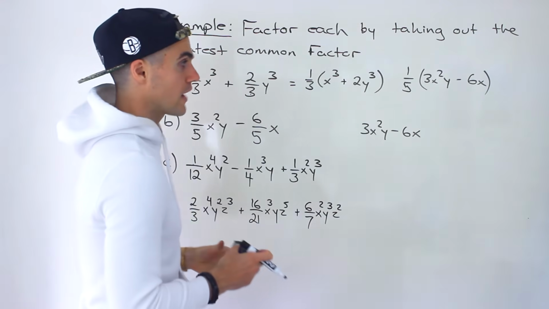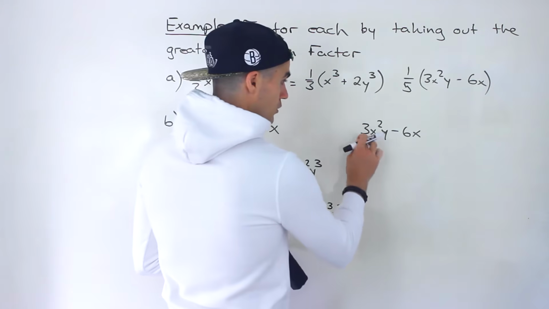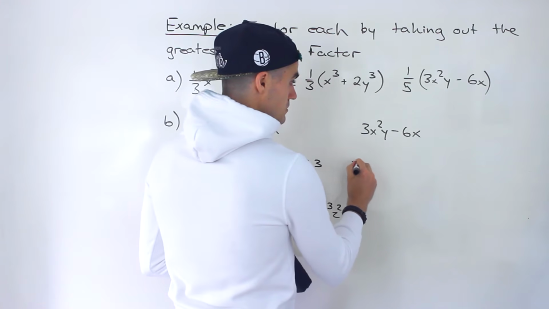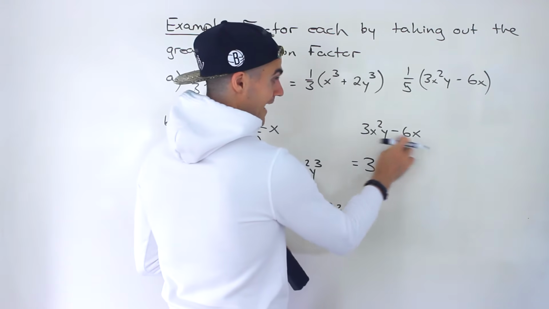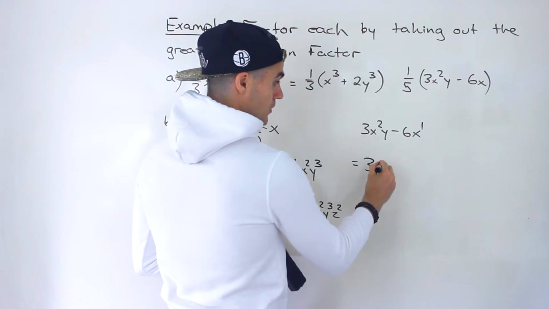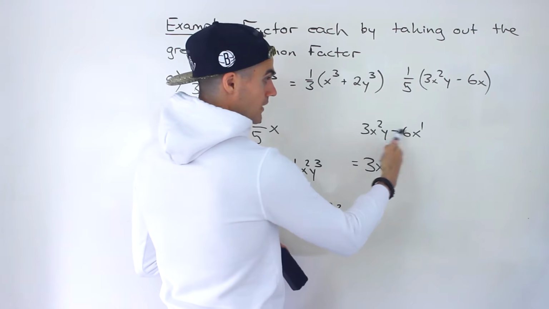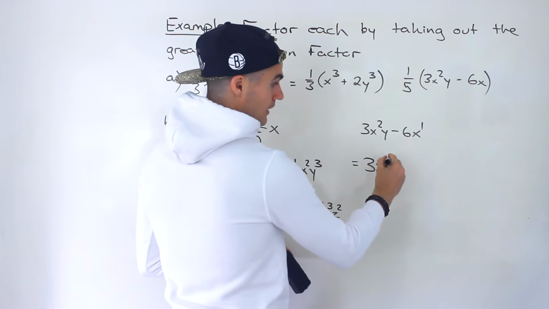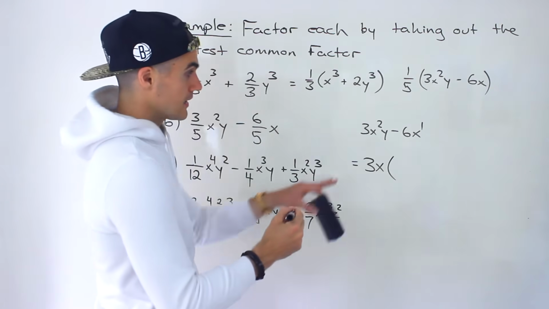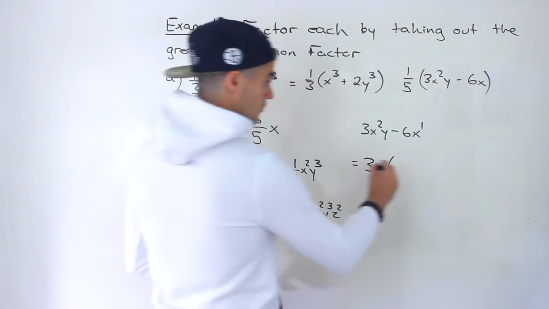Notice this has no more fractions. So 3 and 6, notice we could take out a 3. We have x and x, take out the lowest exponent, which would be x to the 1, right? And then we have a y here, but no y here, so we can't take out any y. So 3x is the greatest common factor in this expression. So what would we be left with?